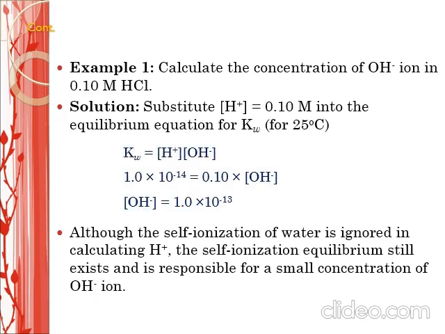Okay, next is calculation. How to calculate the concentration of hydroxide ion in 0.1 molar hydrochloric acid. How to solve this problem here? Now, first, write down whatever information is given to you. So first, we are given 0.1 molar hydrochloric acid. What is being asked is the concentration of hydroxide.